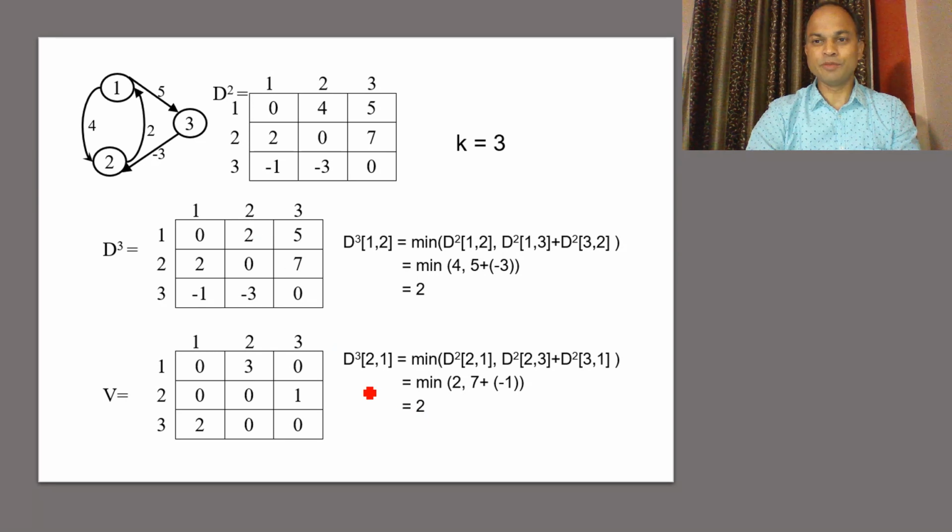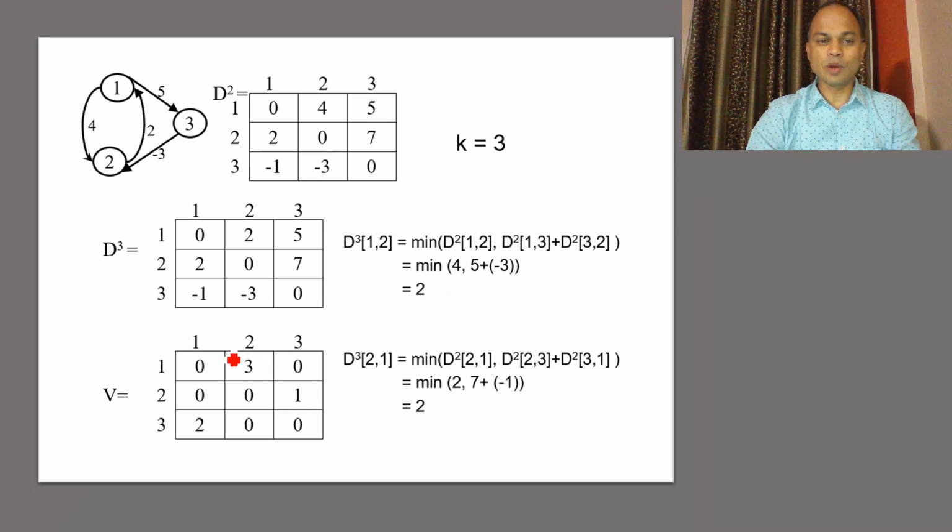Further, we are showing one more value, D3 2 1. We put in all the values, and the minimum we find is 2. So D3 2 1 is 2. We may compute all remaining values based on these formulas.